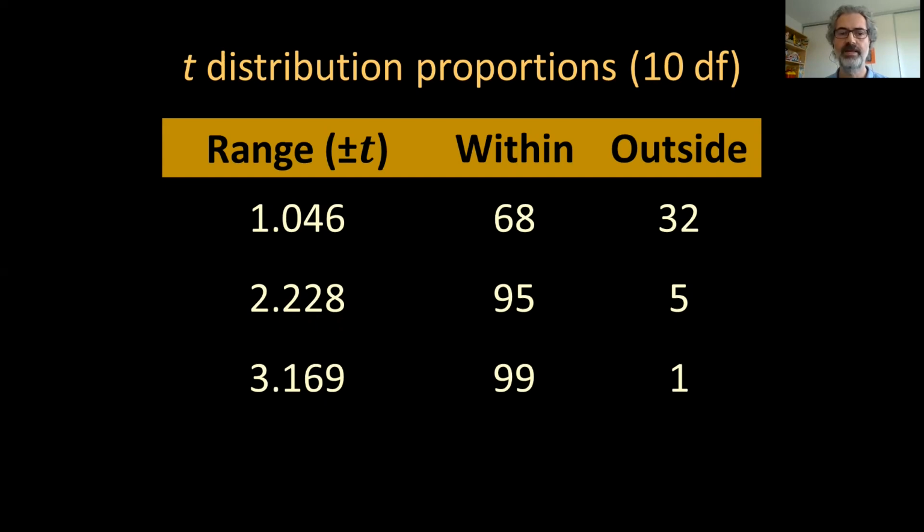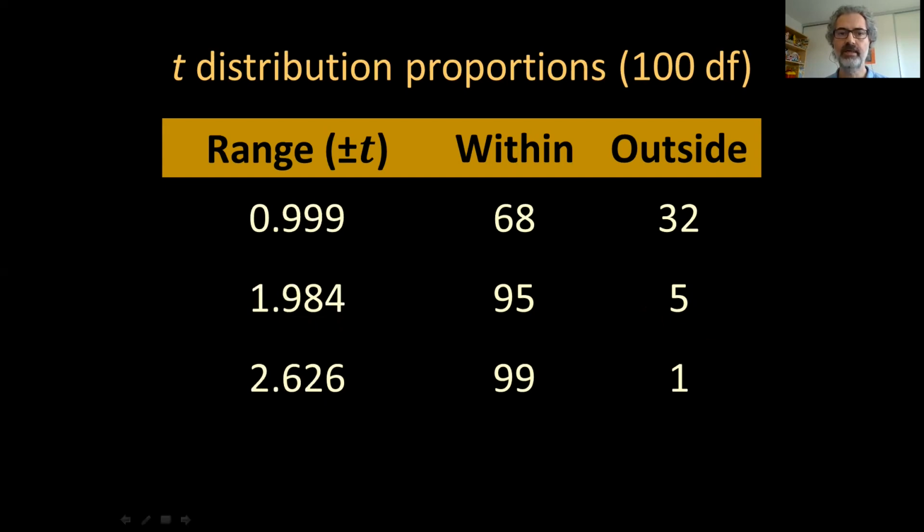That includes 95% of values, and therefore 5% are outside. If we look up with 100 degrees of freedom, then the corresponding value would be 1.984. So with 100 degrees of freedom, 95% of t-values lie within minus 1.984 and plus 1.984.